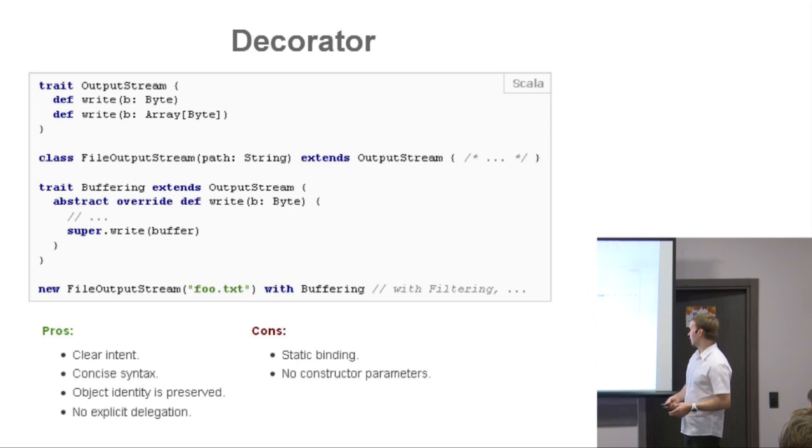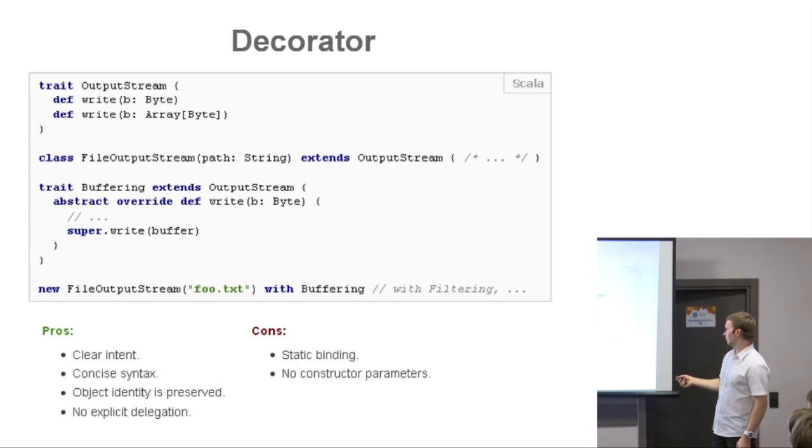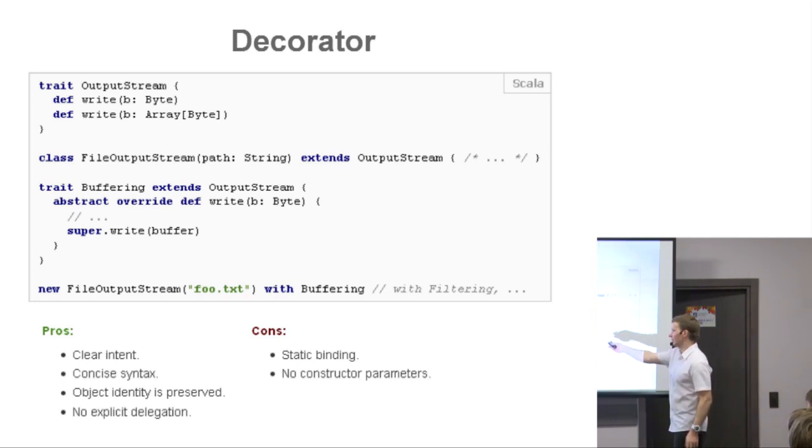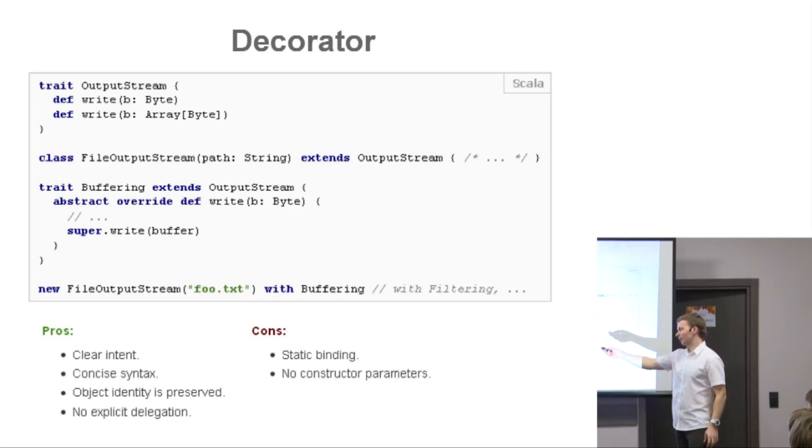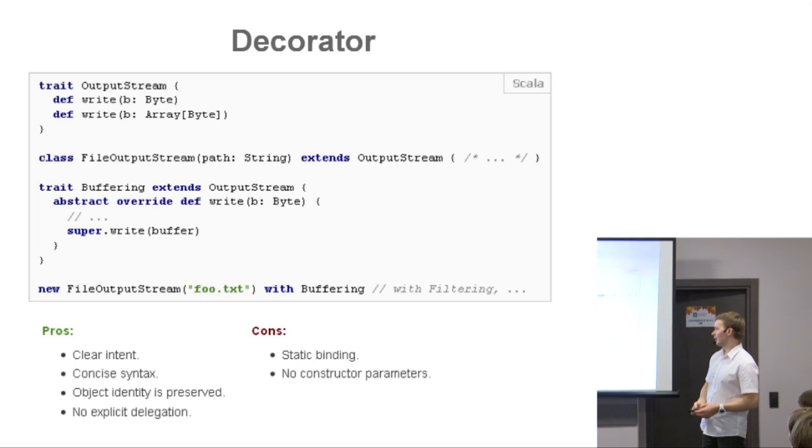And in Scala, object identity is exposed directly. And the con is that we rely on static binding. So we cannot use the same construct to decorate some external instance. We have to do that only when we call new something explicitly.